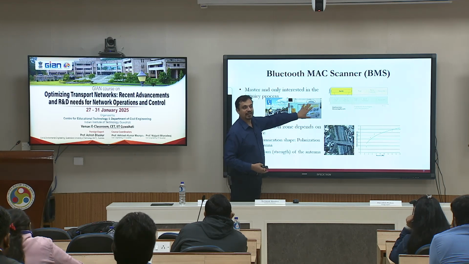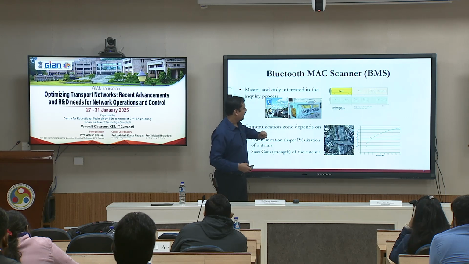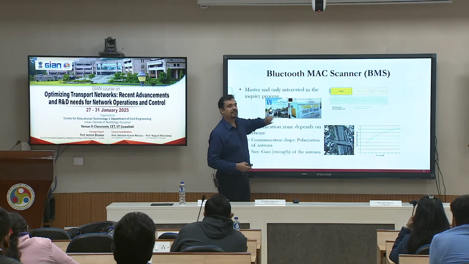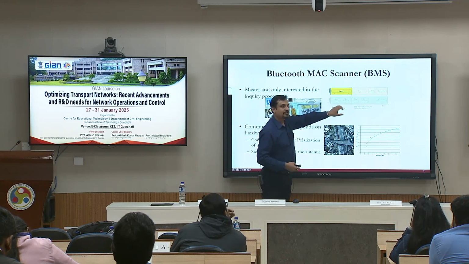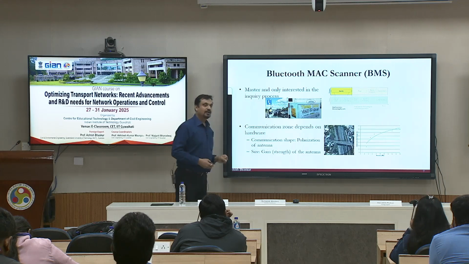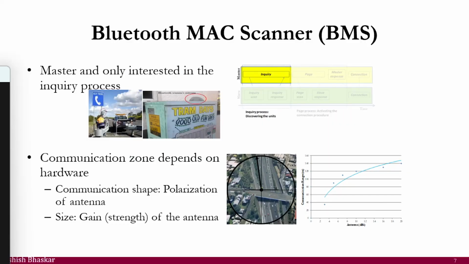You put a Bluetooth scanner somewhere along the road, and this scanner keeps sending signals out in the inquiry process and capturing the MAC IDs. I can put a master device here, keep on inquiring the MAC addresses, and figure out how many MAC addresses are there.